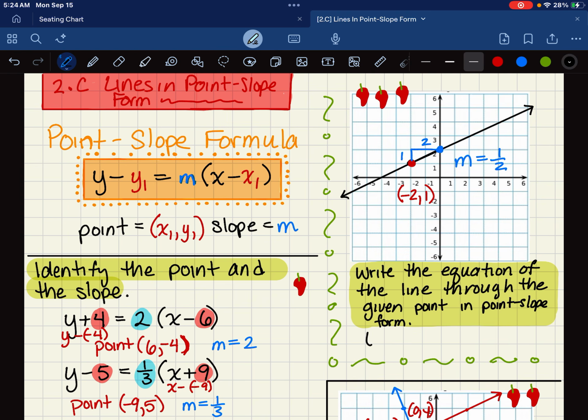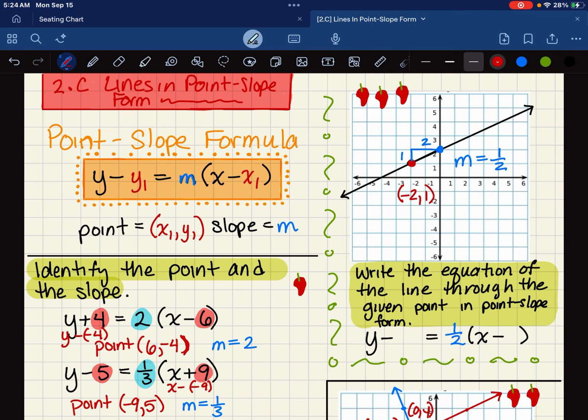So I'm going to go ahead and write out my little template. All right, the m, the slope, goes in front of the parentheses. That's pretty straightforward. So now I'm going to plug in the x value and the y value. So the x here is -2.